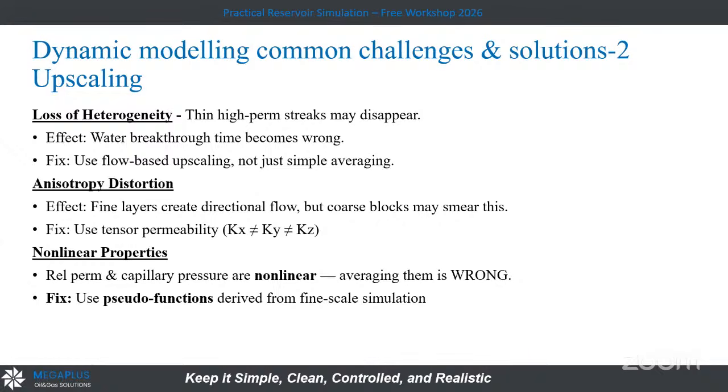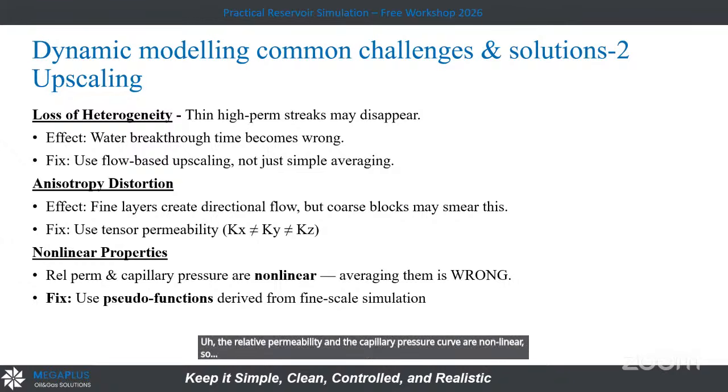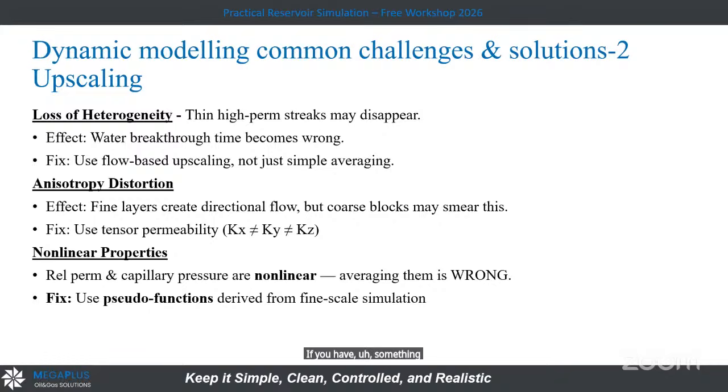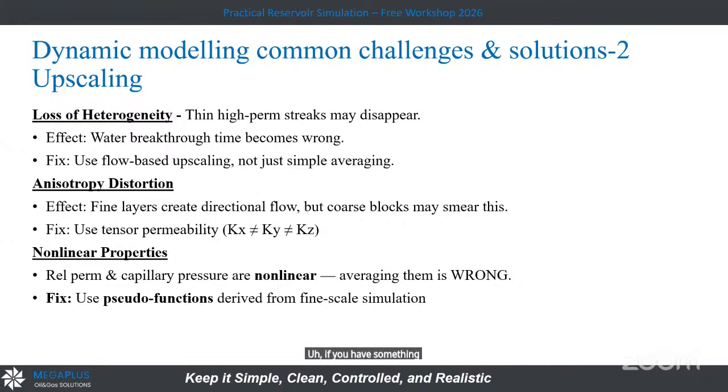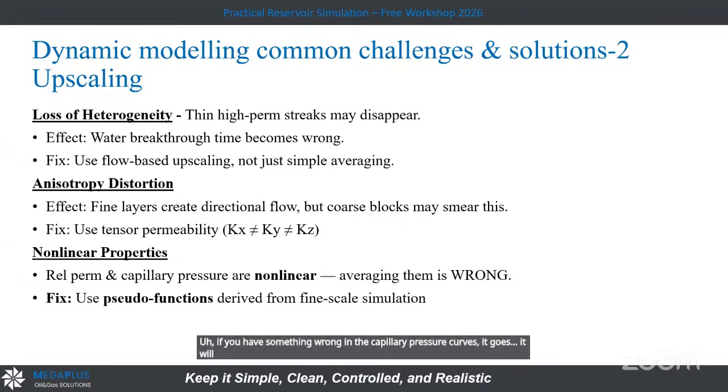The relative permeability and the capillary pressure curves are nonlinear. So if you have something called, as I told you, a shock in the relative permeability curves or the capillary pressure, if you have something wrong in the capillary pressure curves, it will cause a lot of issues if you make an upscale.